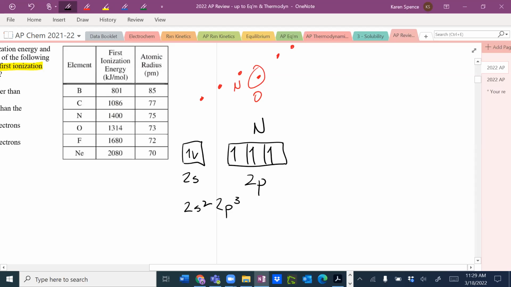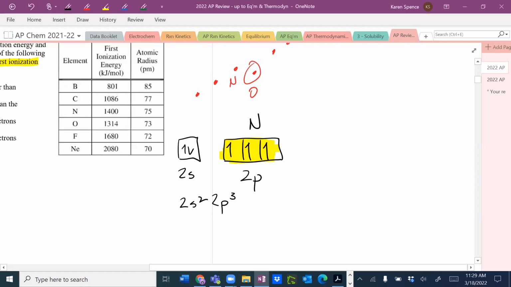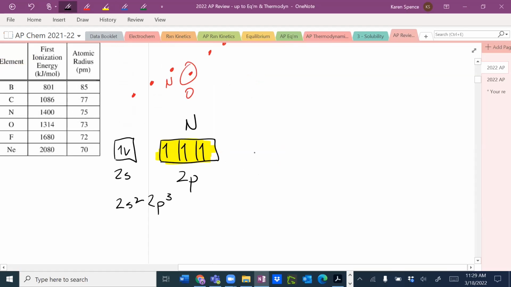Now you'll notice none of the electrons are paired up in the p orbitals. What happens when we get to oxygen instead is in our 2p subshell we will have 1, 2, 3, and our extra electron there, the one that is going to be removed. Okay, so I'm circling the one that would be removed.